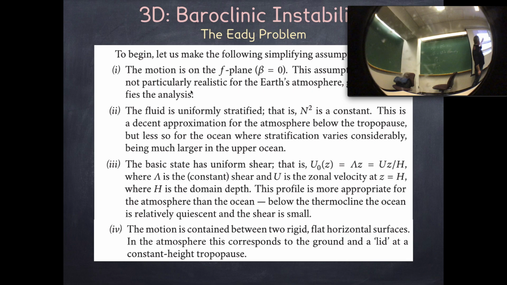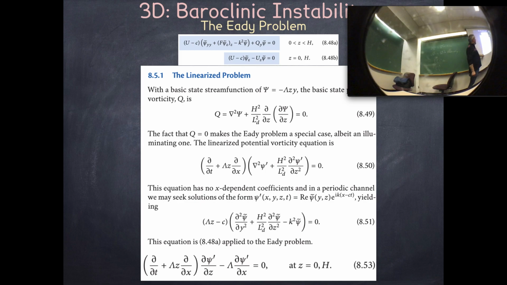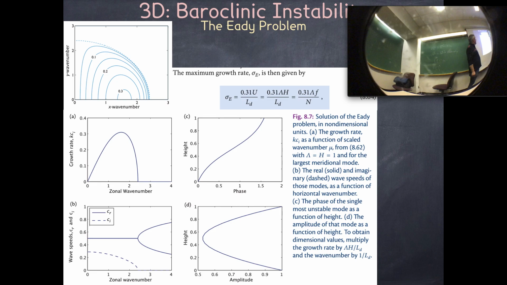This is the Eady problem, so it's f-plane, stratification is constant, the shear is constant, and the motion is contained between two rigid layers. That's a simpler case. And in that case, we can actually go ahead and solve the linearized problem all the way through by just looking at this equation and this equation. We can plug in. This part is not so important, it's just algebra.